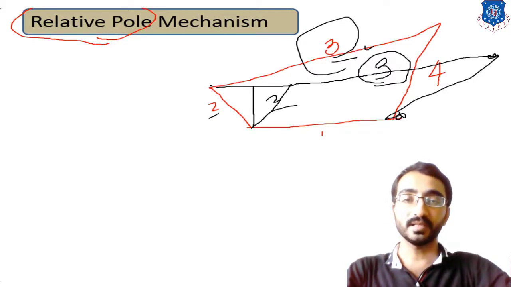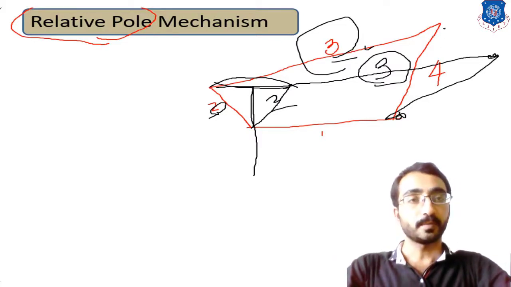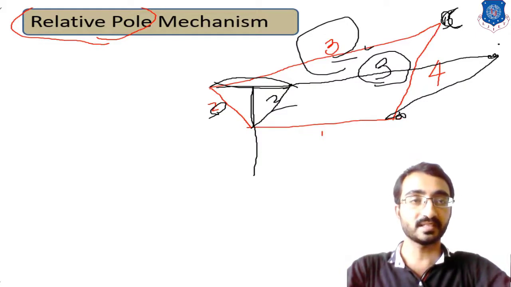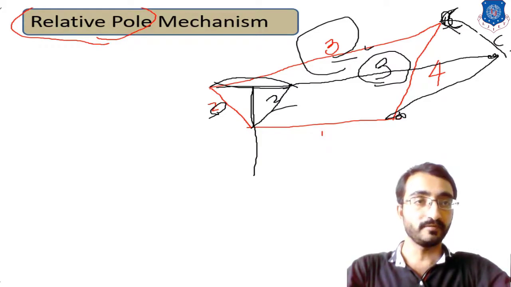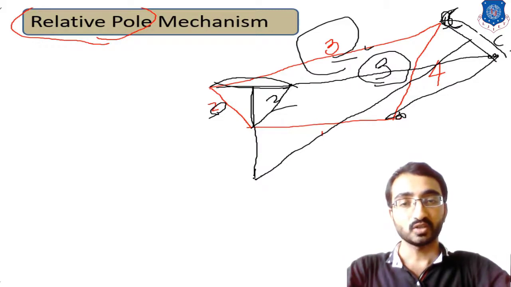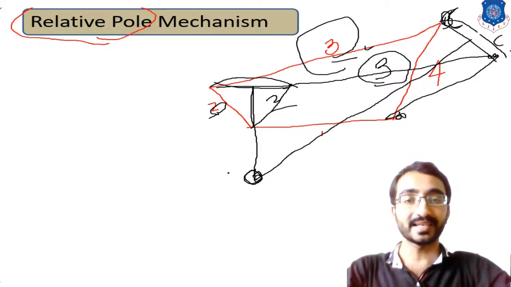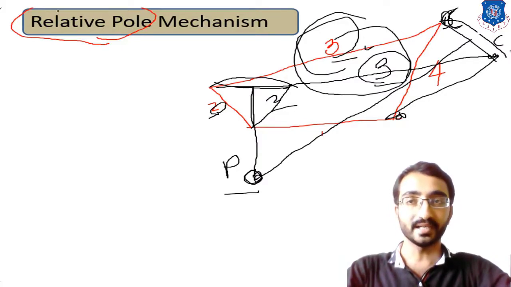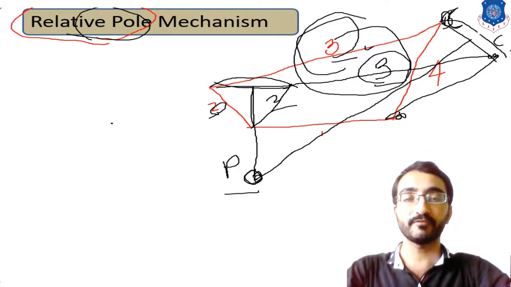If we draw the midpoint between the first and second position, say for points C and C1, the intersection will give us a point about which the whole link number 3 is rotating. That is why we call it a relative pole or a fixed point.